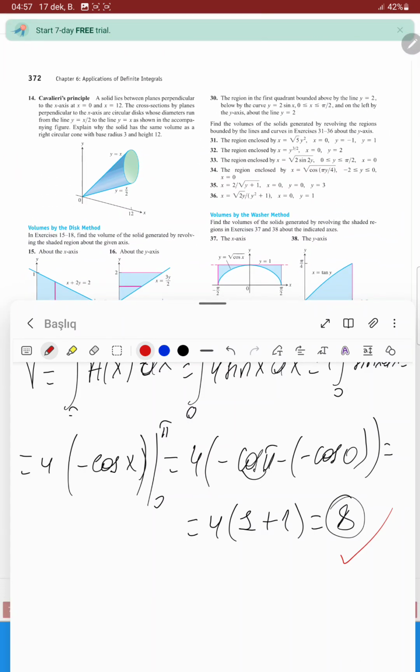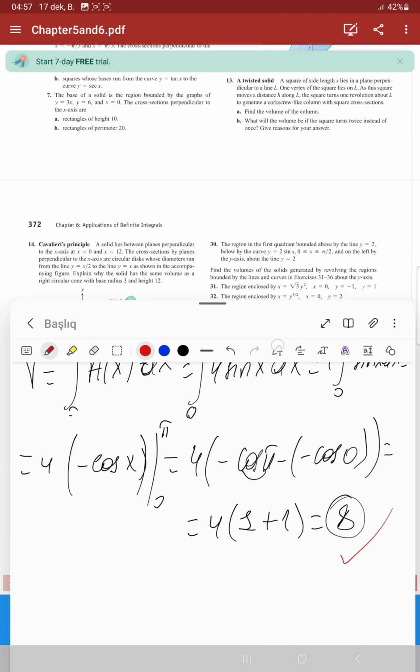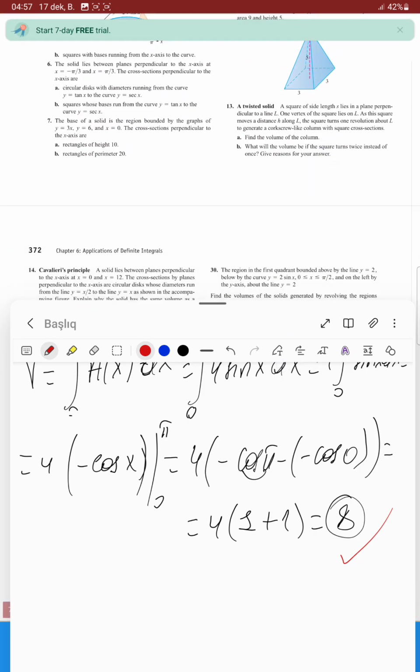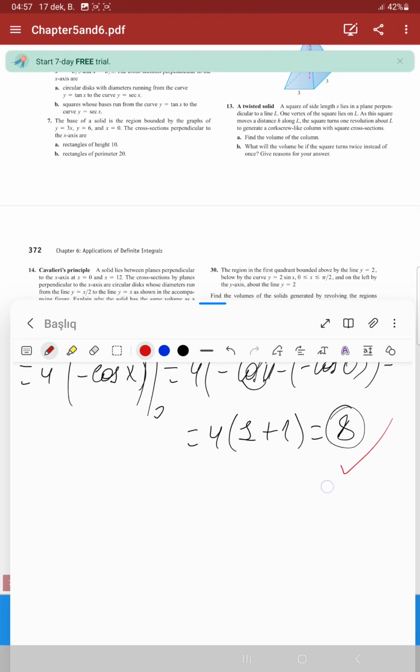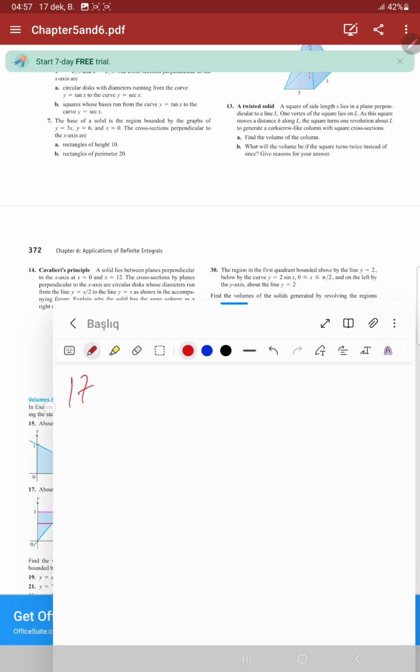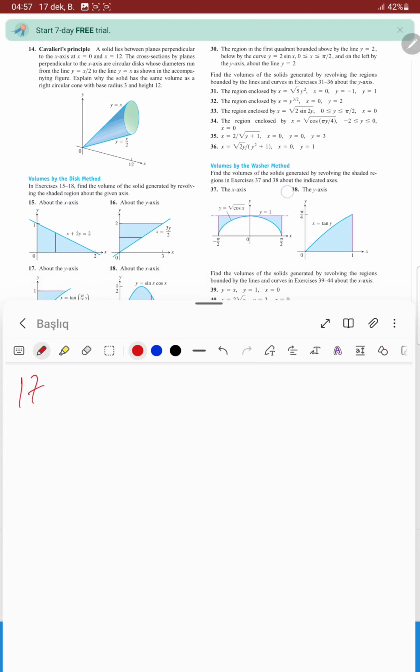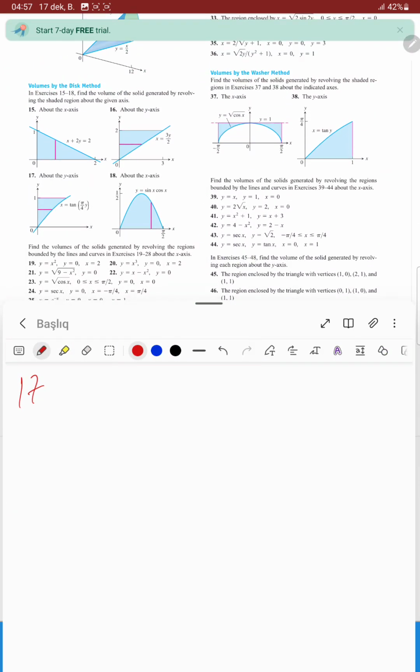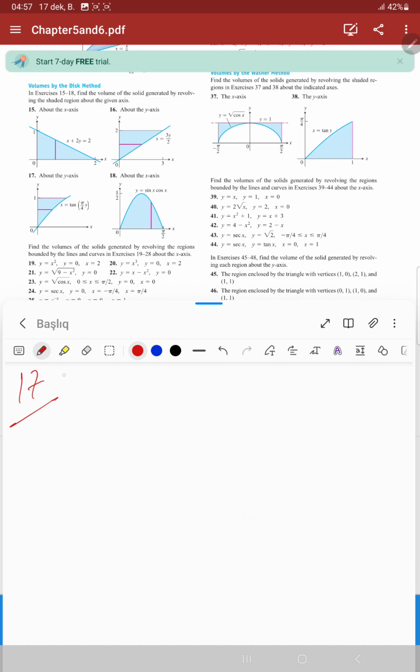Okay, so I think the next one was 18. Gunil asked it, I think. Let's see what we have to find.